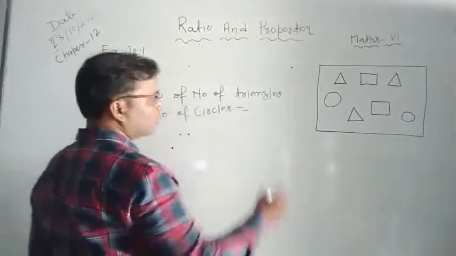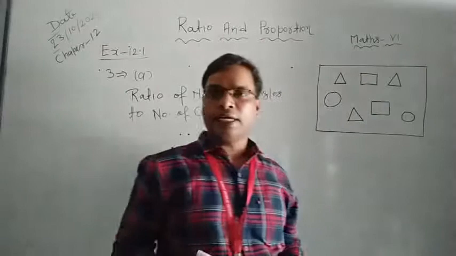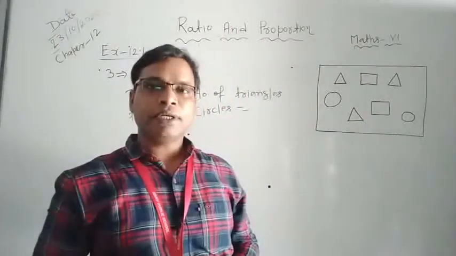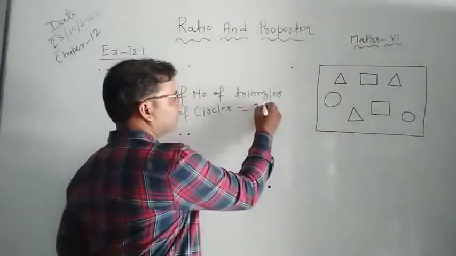So this is equal to how many triangles here? 1, 2, 3. Here inside this rectangle, 3 triangles. You can write here 3.